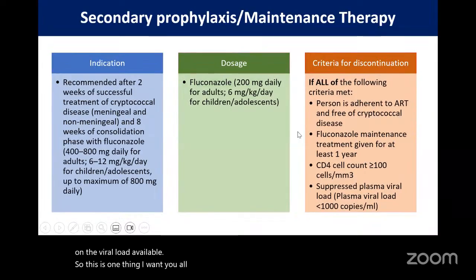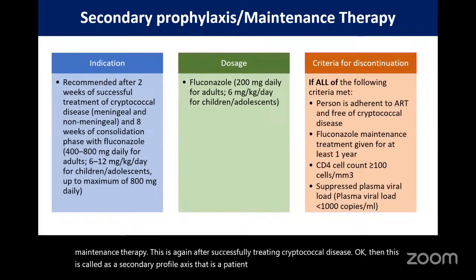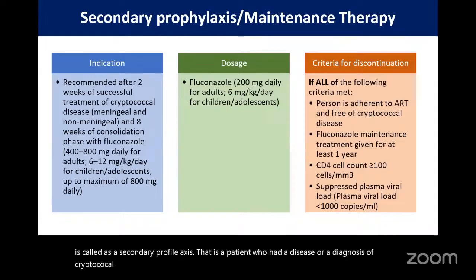Second important thing, a prophylaxis or a maintenance therapy. This is again after successfully treating cryptococcal disease. Okay, then this is called a secondary prophylaxis. That is a patient who had a diagnosis of cryptococcal meningitis and you have treated him for the first 14 days. After that first 2 weeks, whatever you give is called maintenance therapy.